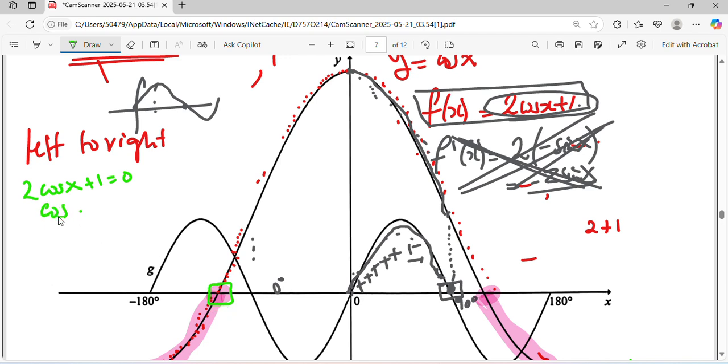So you can say cos x is equal to negative 1 over 2, and then to get x, you take the inverse cosine of negative 1 over 2. Let's see what angle we get, because it's telling us where the function is 0.